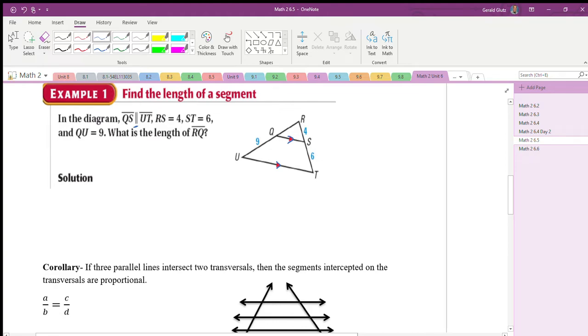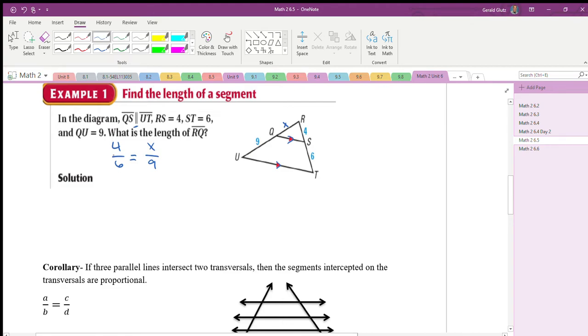Since these two are parallel, I know that I can set up a proportion that says 4 divided by 6 is equal to QR, I'm just going to put X here, so QR or X divided by 9. Anytime we have a fraction equal to a fraction, we can cross multiply.